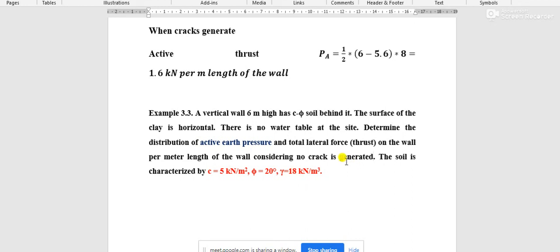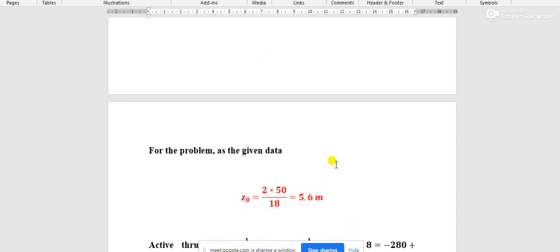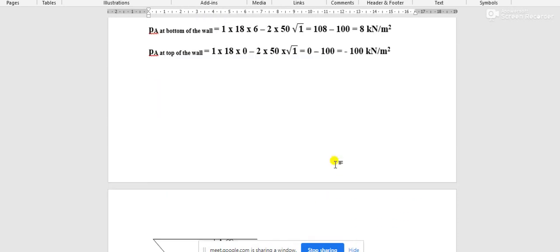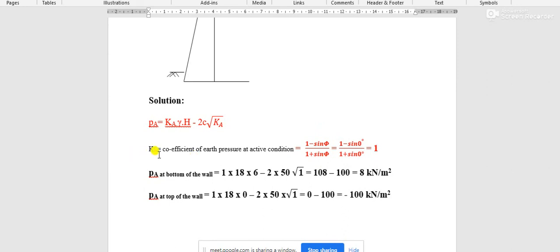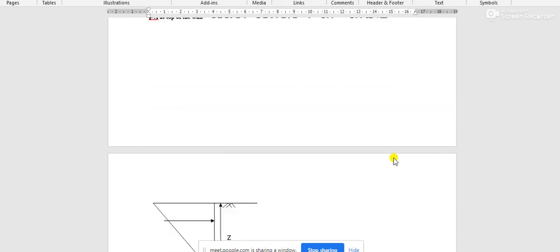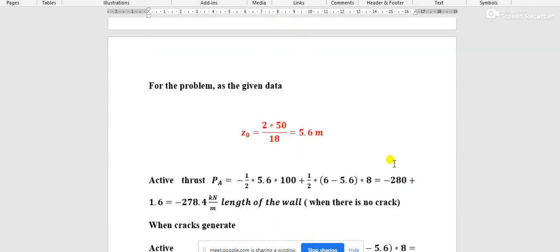Then the value of total active force or active thrust you have to write down in the answer, and the difference is that you have to calculate the value of Ka, coefficient of active earth pressure, with the value of phi equal to 20 degree. This value is different in this problem and the problem we have discussed.